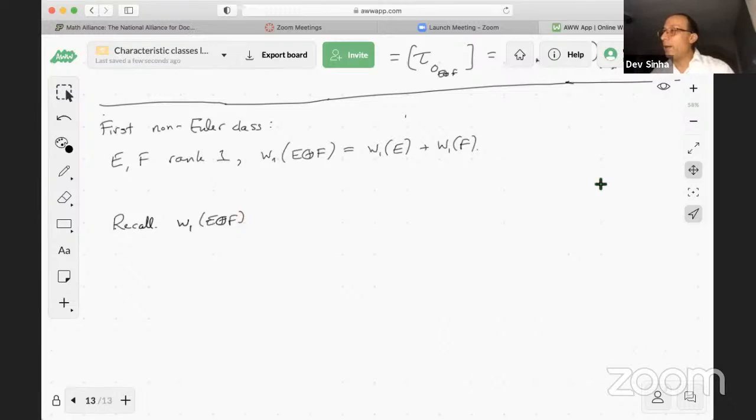So that means I'm looking at E plus F plus E plus F. And we have this dependence variety, which is just a subspace where those two sections are linearly dependent.